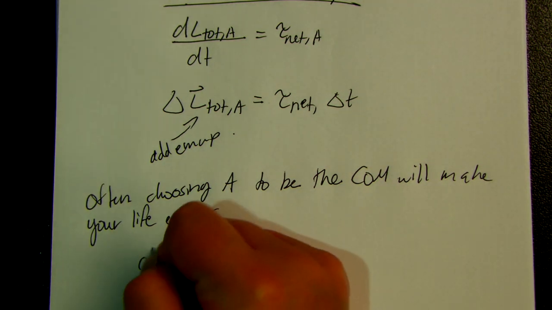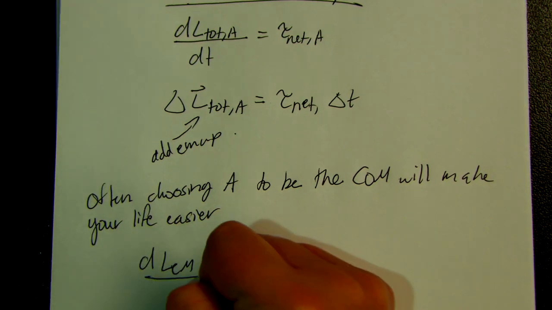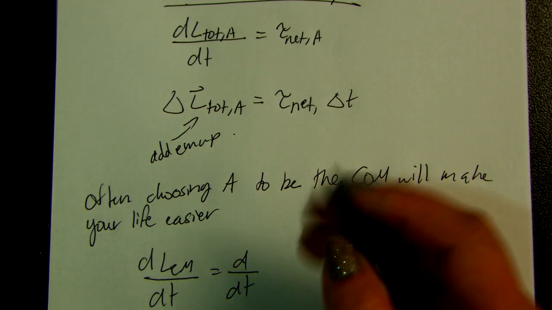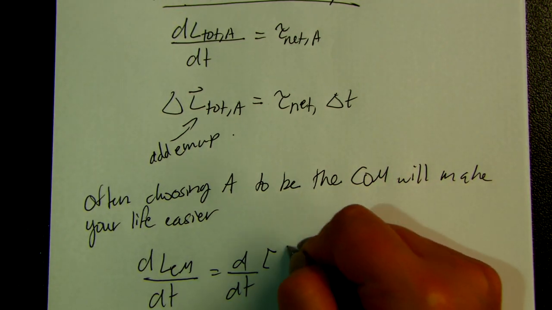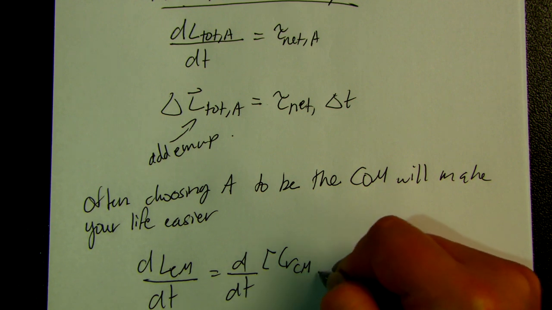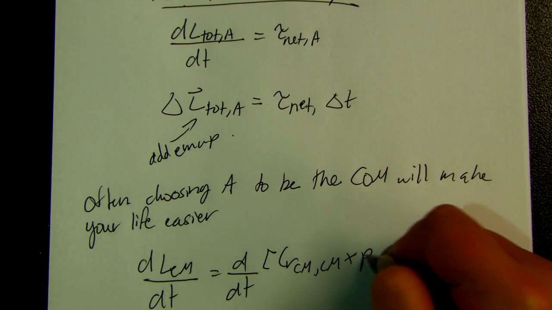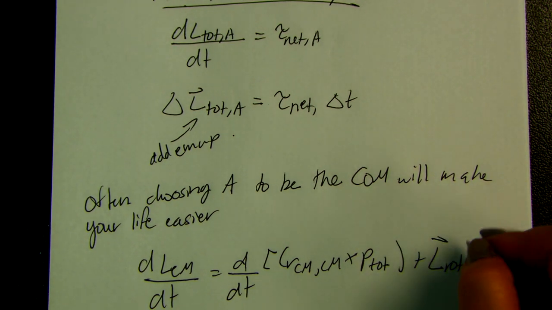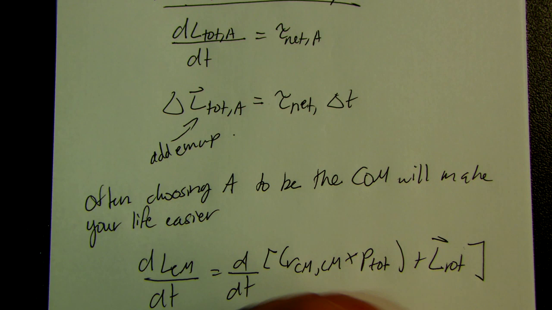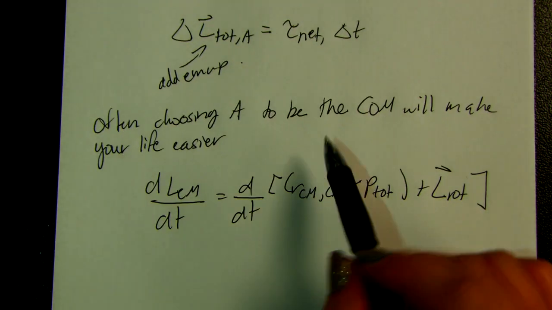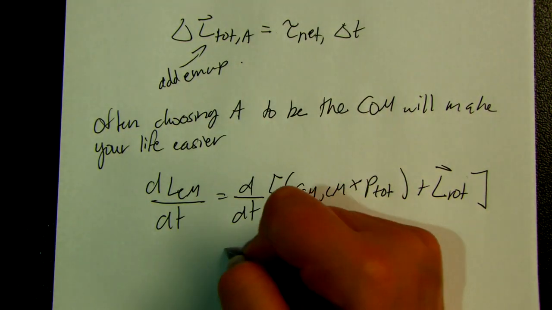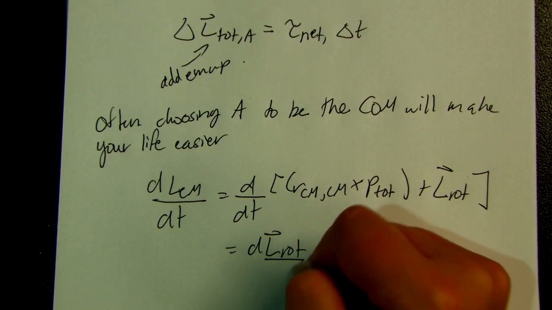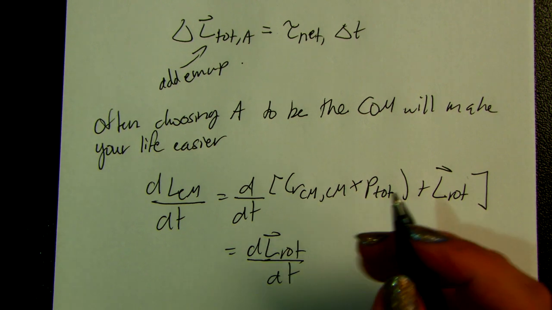So we would have the change of angular momentum with respect to time equal to the change with respect to time of R_CM crossed with P total, plus L rotational. And if you choose A to be the center of mass, then it's simply equal to the change of rotational angular momentum with respect to time.